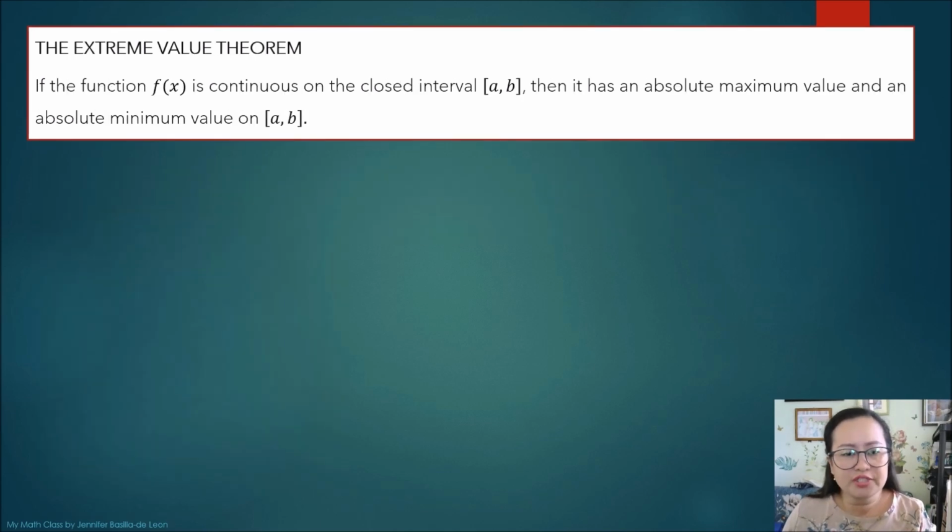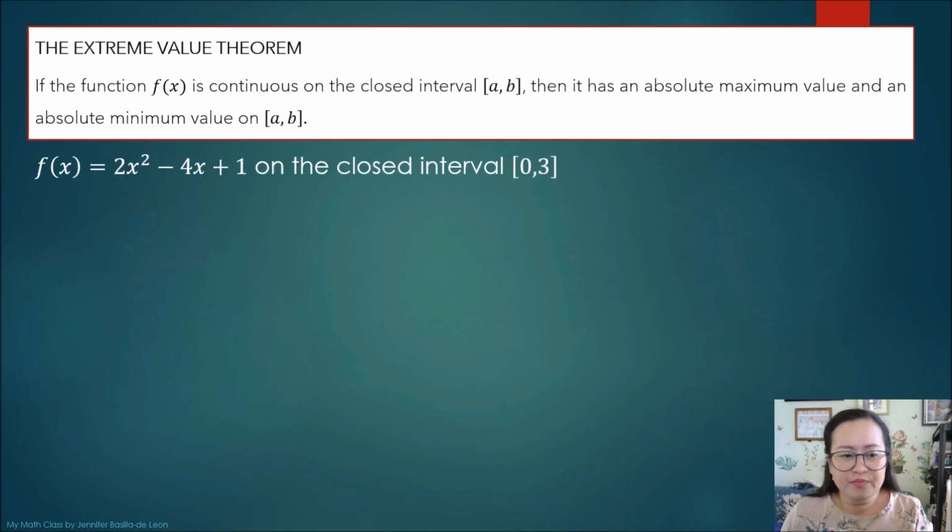Now we're ready to discuss the extreme value theorem, which states that if the function f of x is continuous on the closed interval from a to b, then it has an absolute maximum value and an absolute minimum value on the closed interval from a to b.